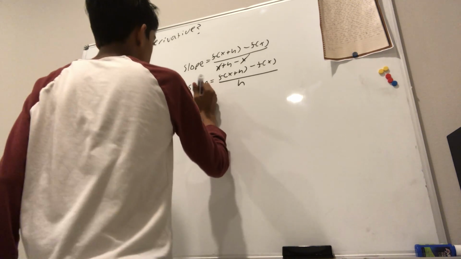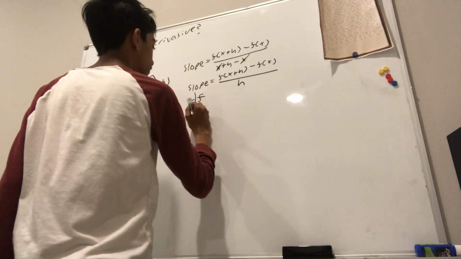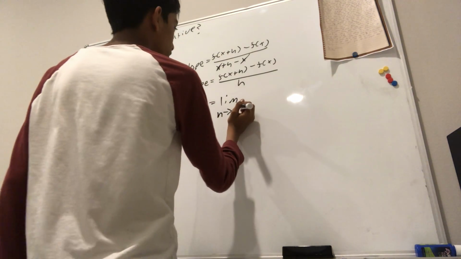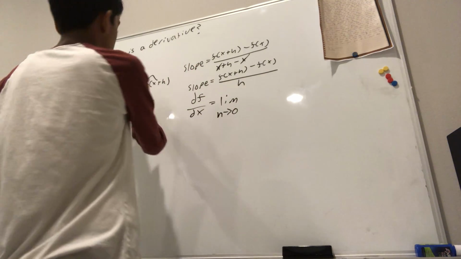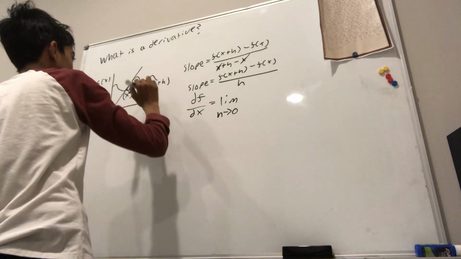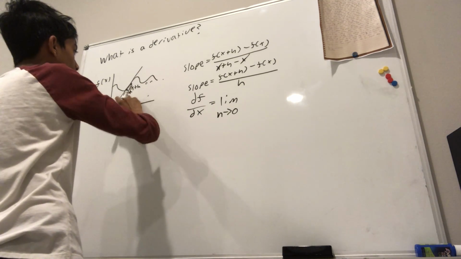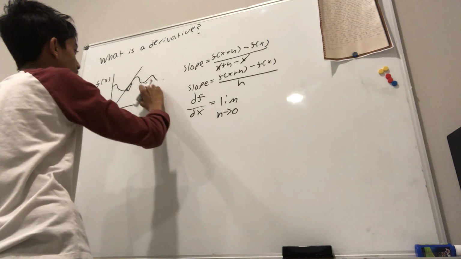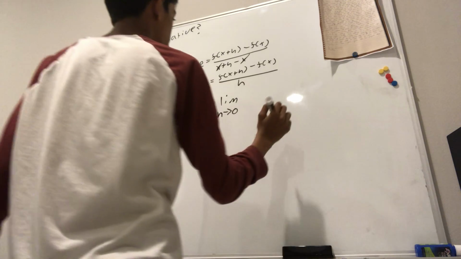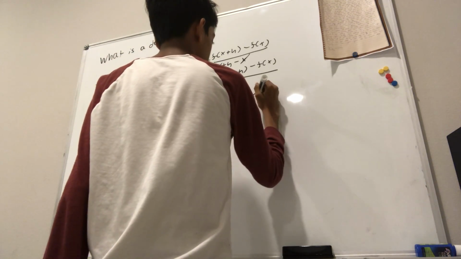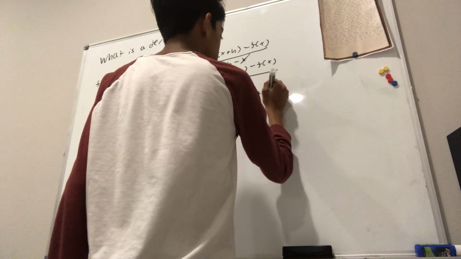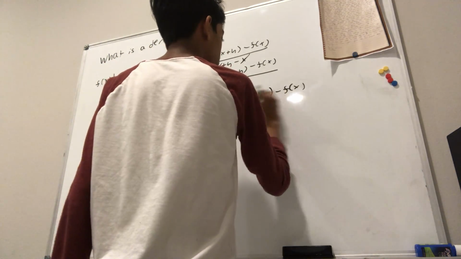The notation for the derivative, df dx, is equal to the limit as h goes to 0, where the distance between x and x plus h, this distance here, is h. So we're making that distance go very, very small. So the definition of the derivative is the limit of f of x plus h minus f of x over h.